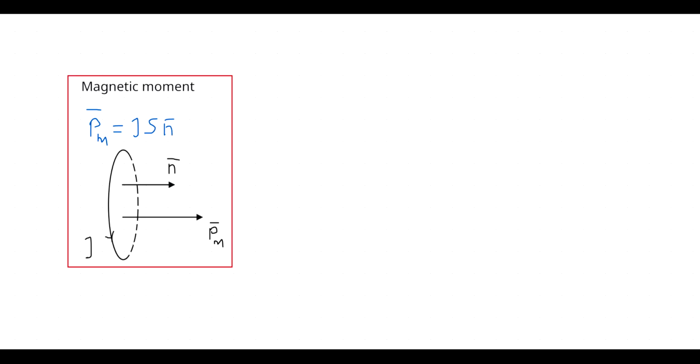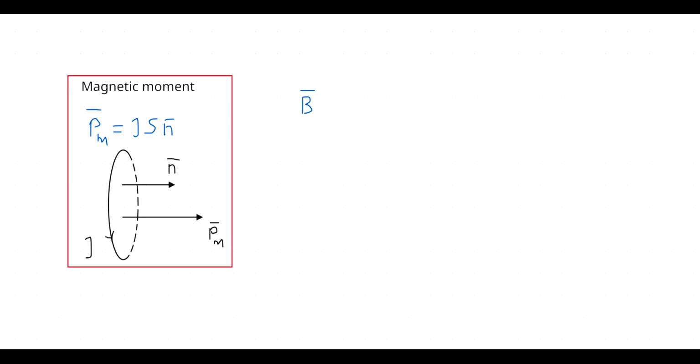Magnetic induction can be written as vector B. This is the magnetic induction vector. Units for magnetic induction are Teslas. Tesla is a unit for magnetic induction.